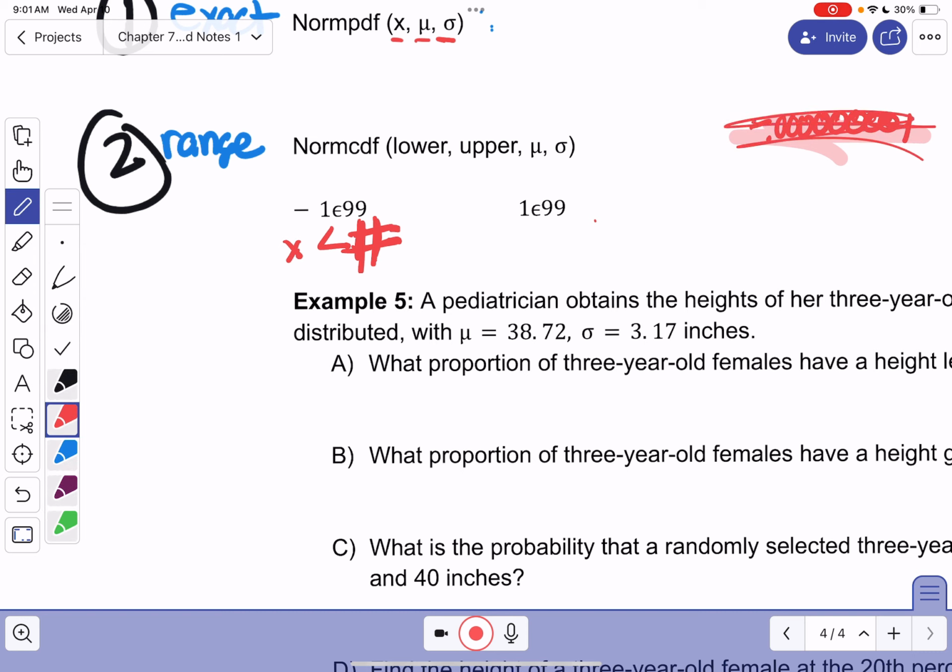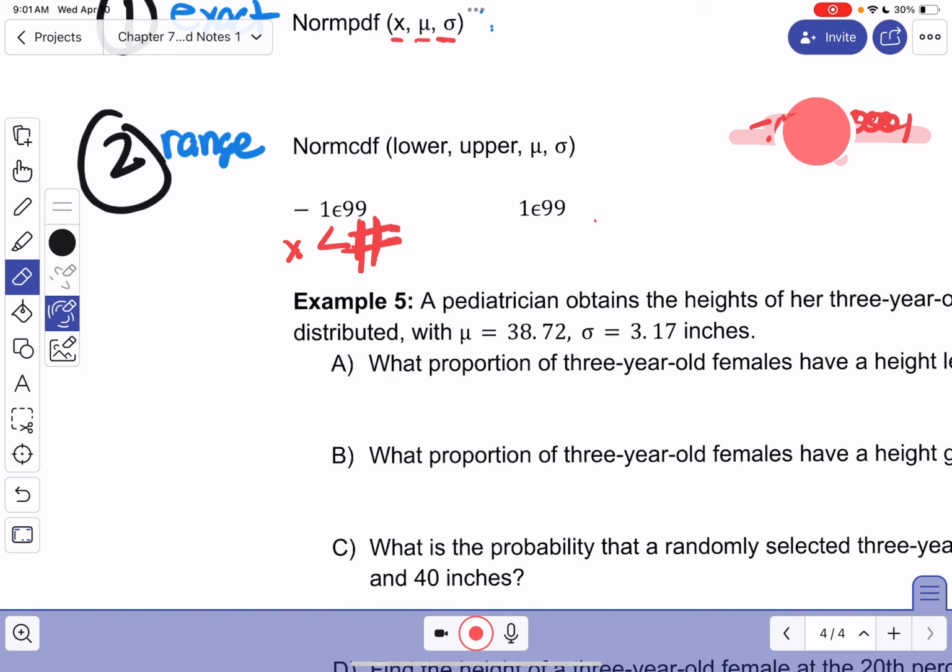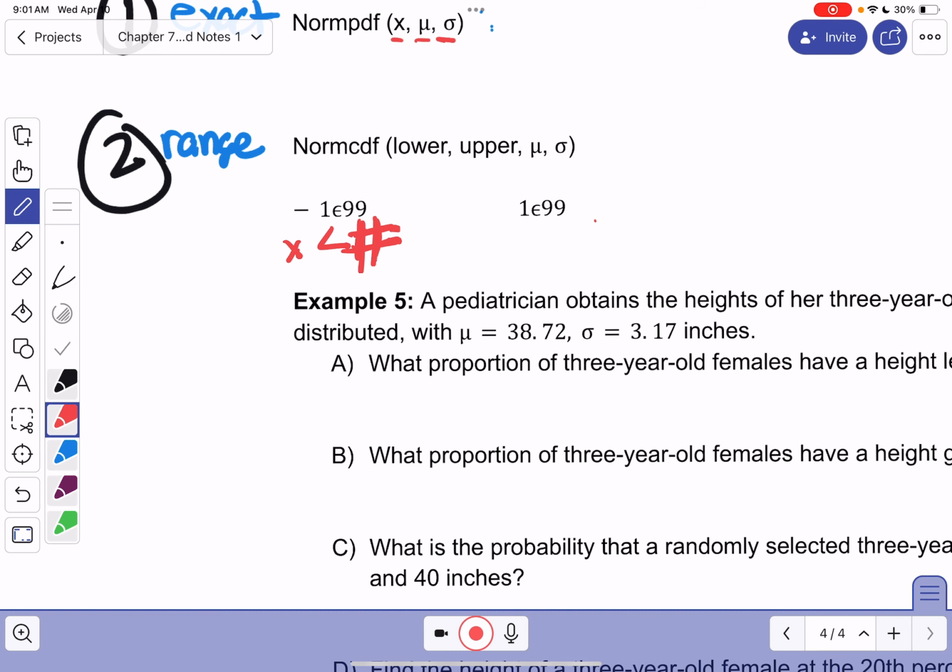The exponent's not negative. It's like saying negative 1 with 99 zeros, which is essentially how you type infinity into the calculator, since you can't type infinity. So less than means it goes down forever. And if it's greater than, it goes up forever to positive 1 with 99 zeros.